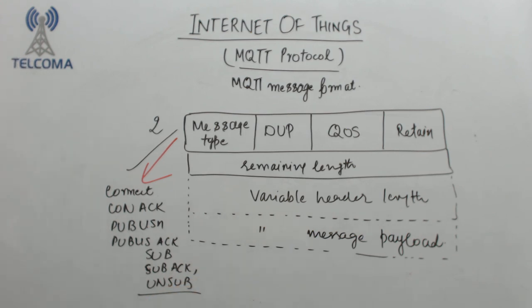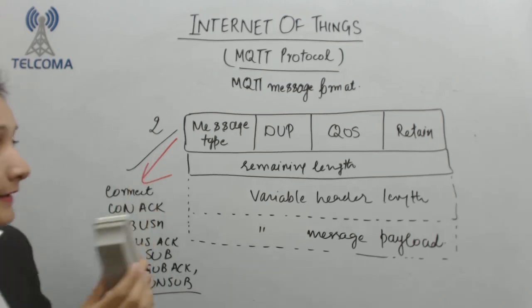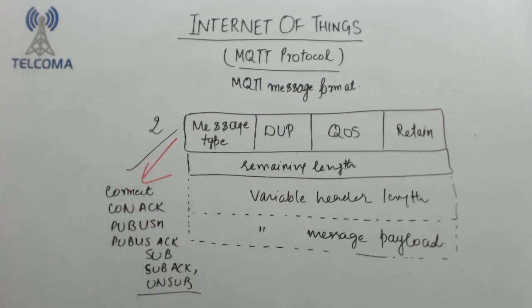So these are the different kind of messages which are indicated here in the message type field, having such values. Like if it has one, so it means connected.